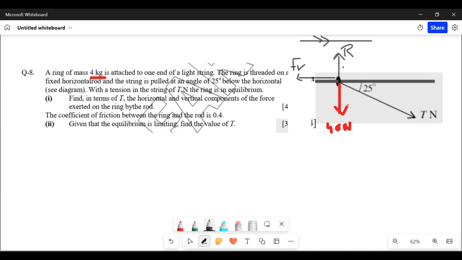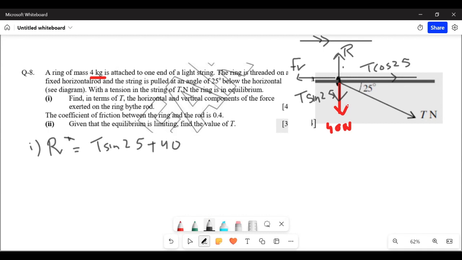For that, we'll have to resolve the tension. Tension in this direction is going to be the cos component, so T cos 25. And in this direction, it's going to be the opposite component, that is T sine 25. Okay, so R, the upward force, equals the downward forces, which are T sine 25 plus 40.